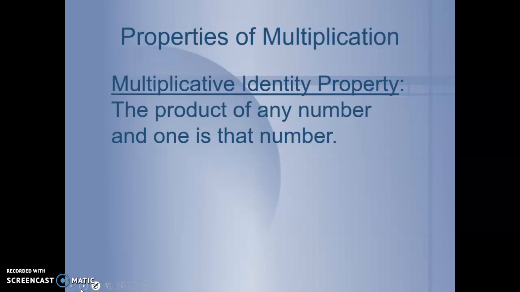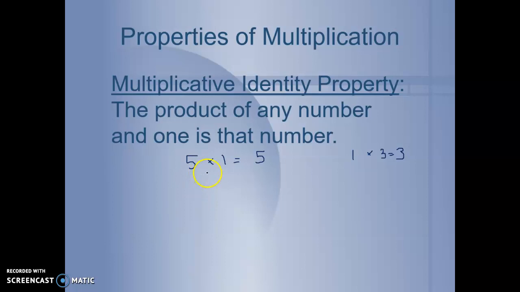The third property of multiplication is the multiplicative identity property. This property just states that the product of any number and 1 is that number. So if I have 5 groups of 1, I have a total of 5. Or if I have one group of 3, I have a total of 3.